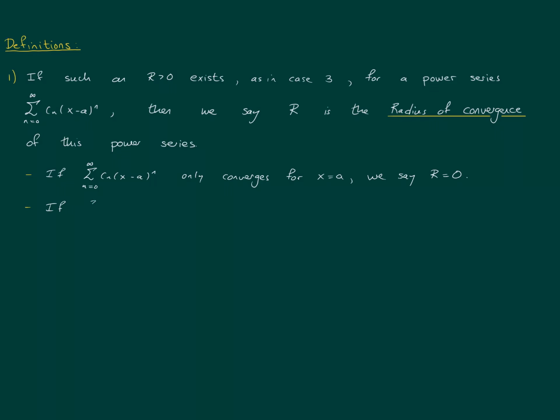And then what do we think we say for the second case? Well, if the series converges for all x element of R, we say the radius of convergence is infinity. Okay, so r equals 0, r equals infinity.